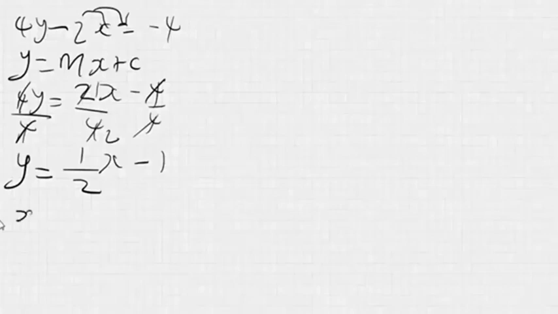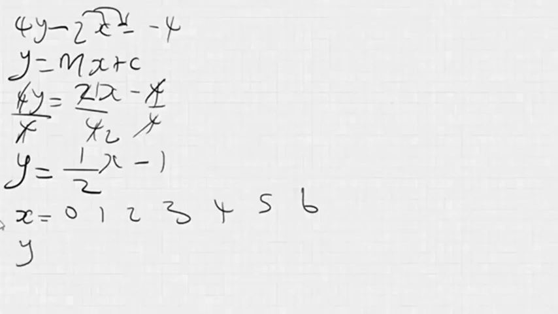Our range of x will be 0, 1, 2, 3, 4, 5, 6. With this, when our x is 0, when you plug in 0 here, your output y will be -1.